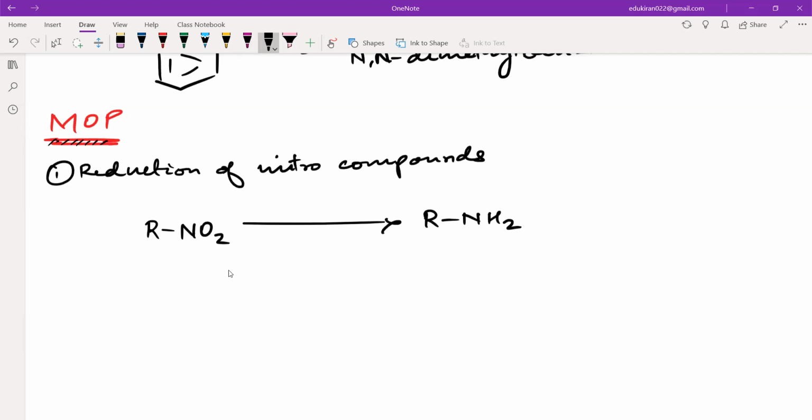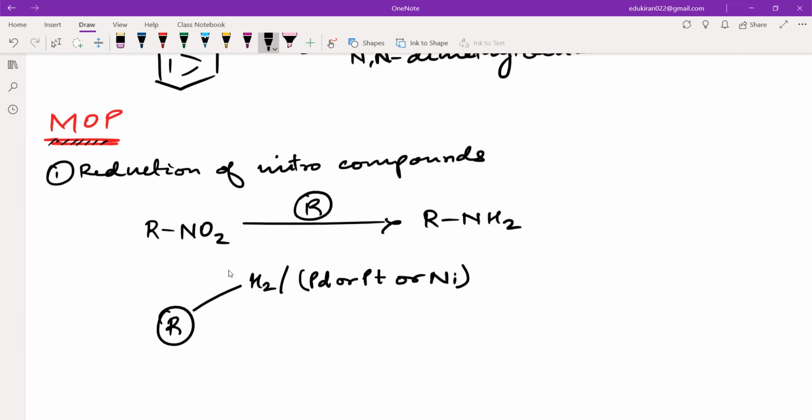सही है? Now there will be some reagent R here, right? So R में आप क्या क्या use कर सकते हैं? You can use H2 and there can be some catalyst. This catalyst can be Pd or Pt or nickel. ठीक है? You have hydrogen over palladium, platinum or nickel.